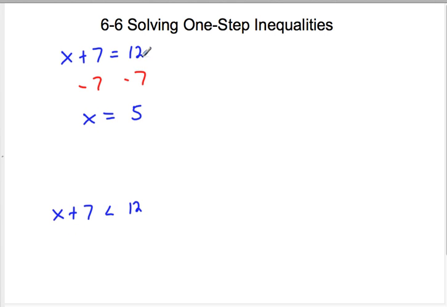So notice the problem that I've written here and the problem that I've written here are exactly the same, except the equals sign changed to a less than sign. So we're going to solve it the exact same way. Subtract 7 from both sides and we end up with x and 5, except instead of equals, it's less than. So the sign just stays the same.